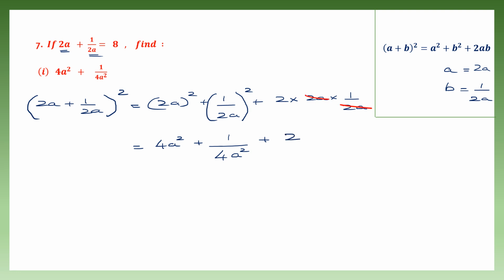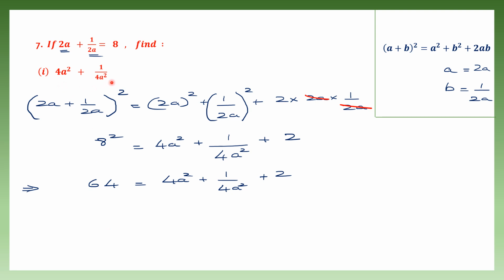Now here on this side I have (2a plus 1 by 2a) the whole square. Now 2a plus 1 by 2a is given to us in the question as 8. So this will be 8 square. Now let's simplify that also. 8 square is 64. 8 8s are 64, which is equal to 4a square plus 1 by 4a square plus 2. Now what should we find out?